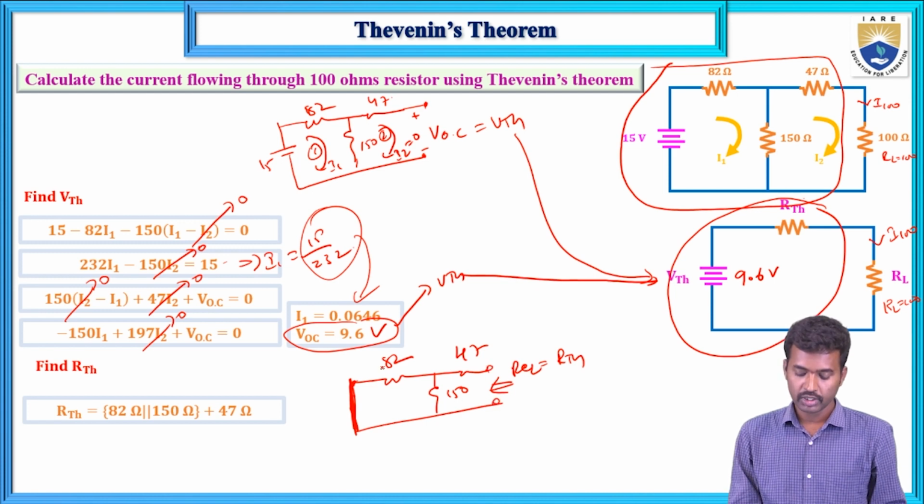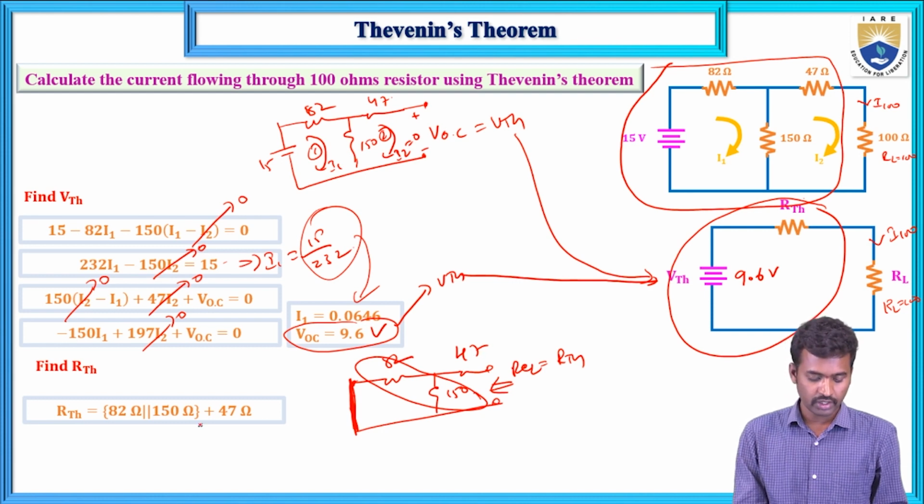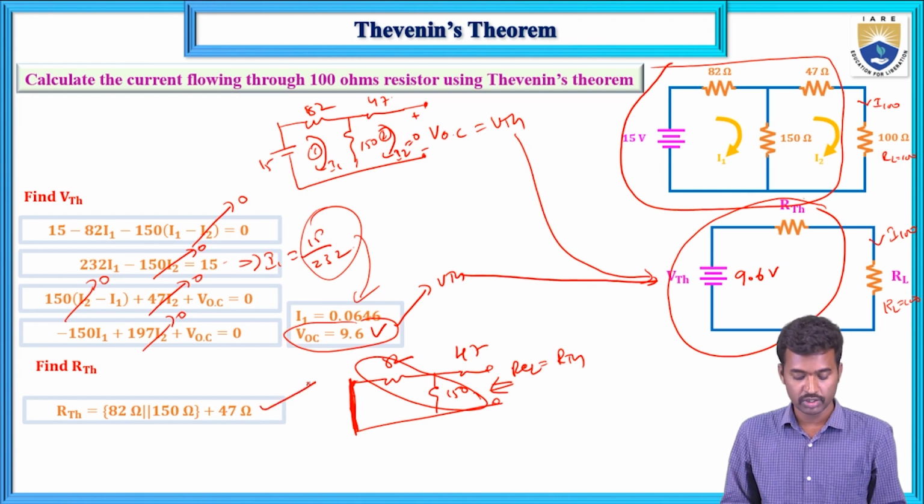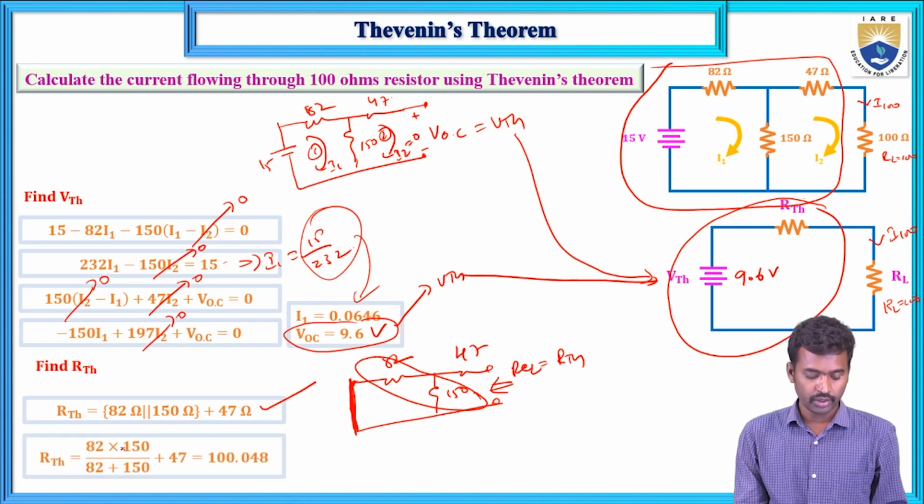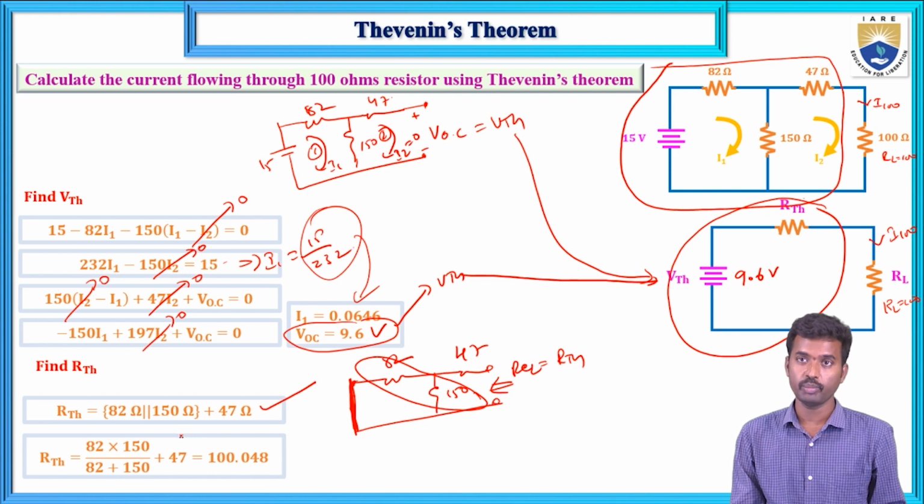This 82 and 150 are connected in parallel and again in series with 47. So 82 and 150 are connected in parallel, plus 47 means in series with 47. Next, for the simplified equation, if two resistors are connected in parallel, R1 into R2 divided by R1 plus R2.